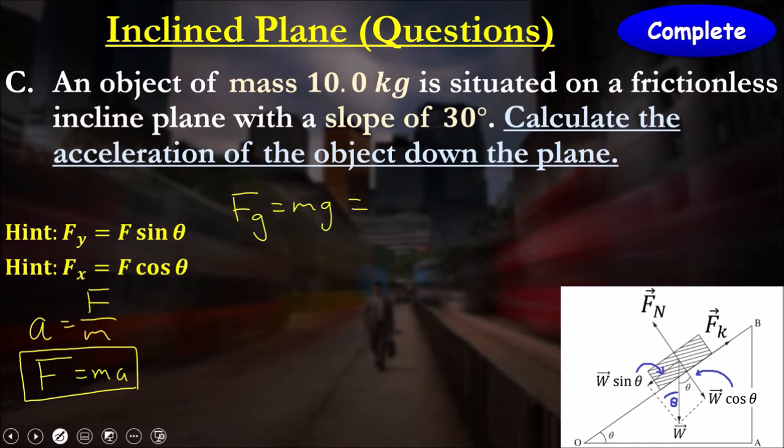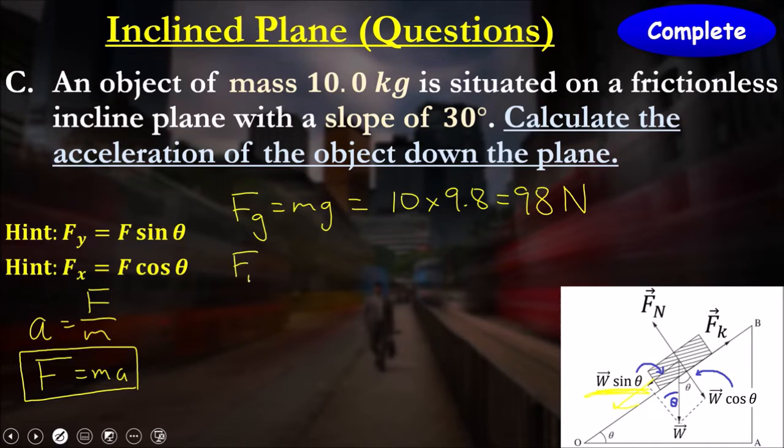Fg = mg equals 10 times 9.8, 98 newtons. Okay. The next bit is you need to work out the component of it coming down. So it's falling down. You need to work out what's the net force being applied there.